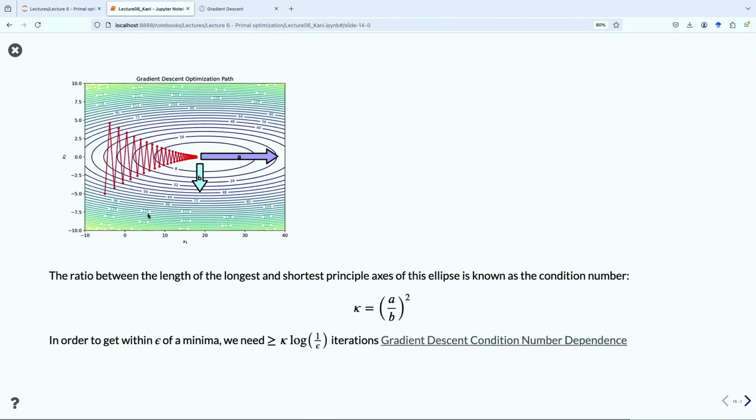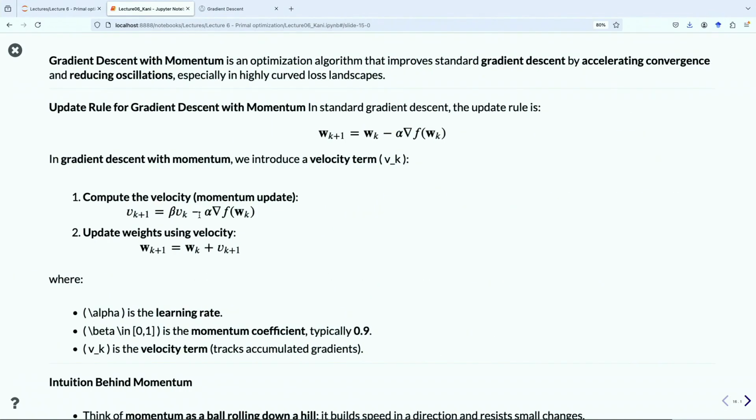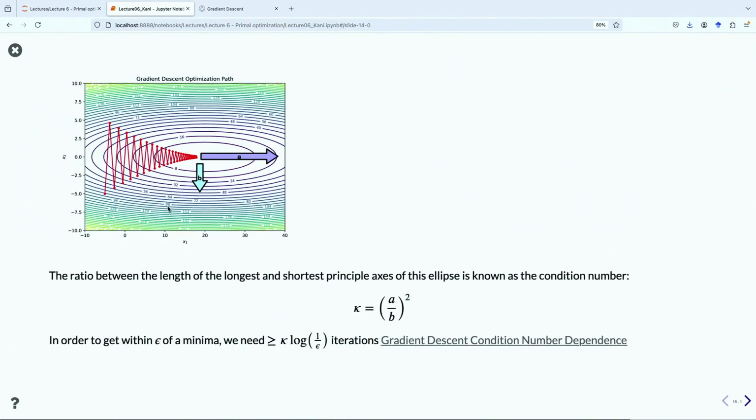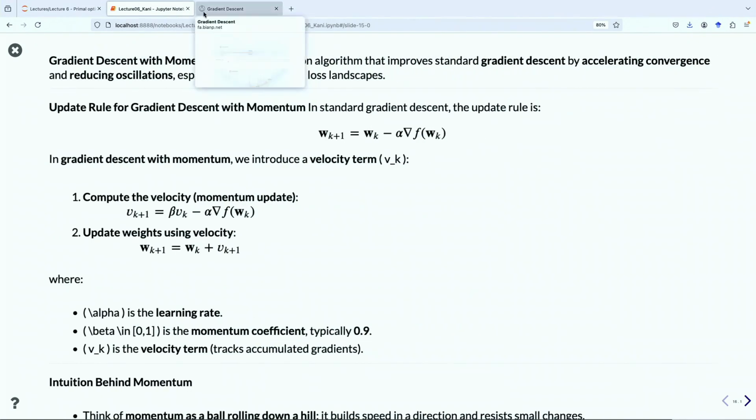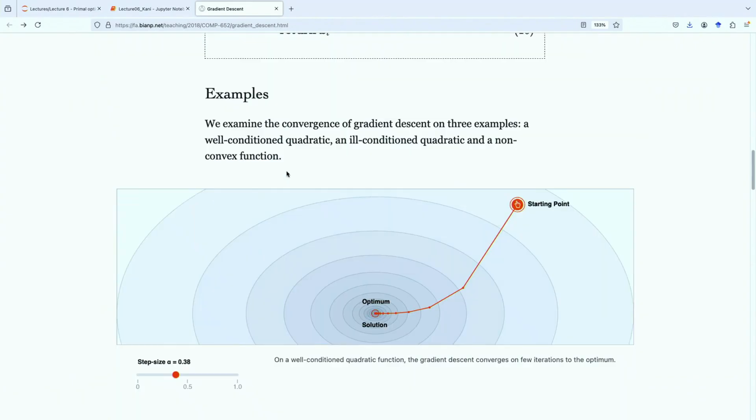So what's this velocity term doing? All the velocity term is doing is making us continue along the direction that we were moving before.